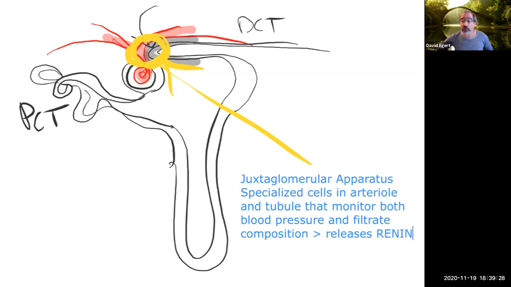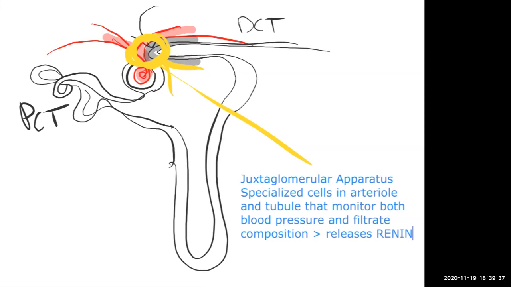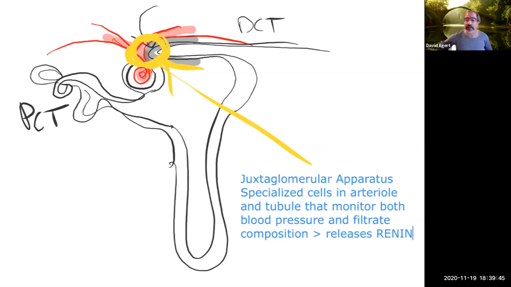Just as a review for your exam on Tuesday, what happens next once it releases renin? Does that convert angiotensinogen into angiotensin 1? Exactly. So first step, angiotensinogen becomes angiotensin 1. What happens next?